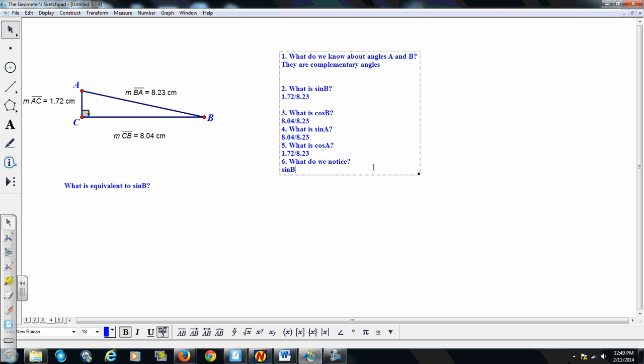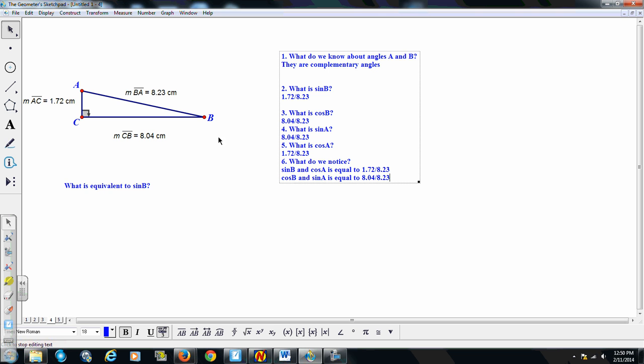We see that the sine of B and the cosine of A is equal to 1.72 over 8.23. And we see that the cosine of B and the sine of A is equal to 8.04 over 8.23.